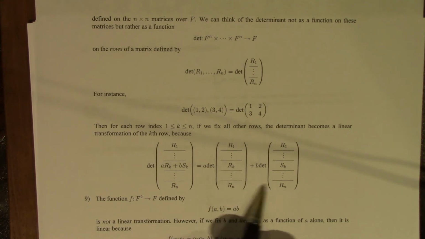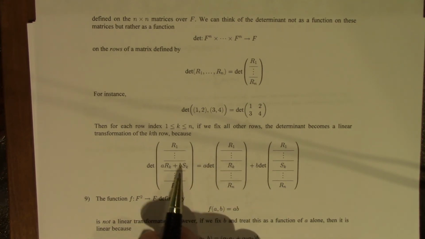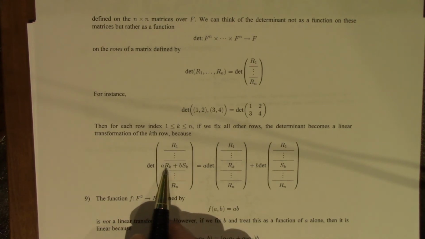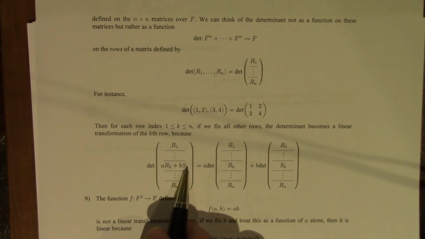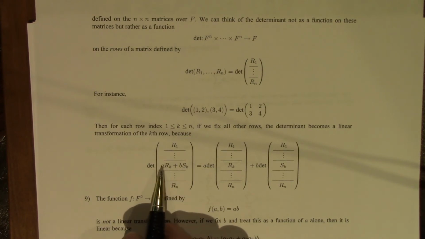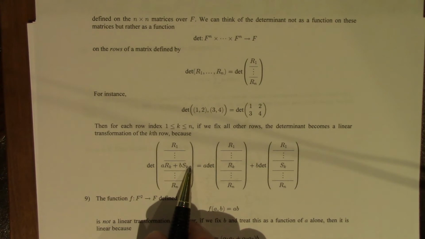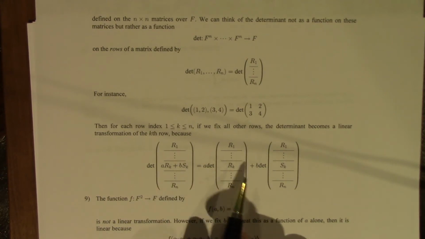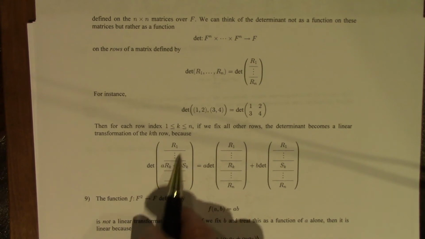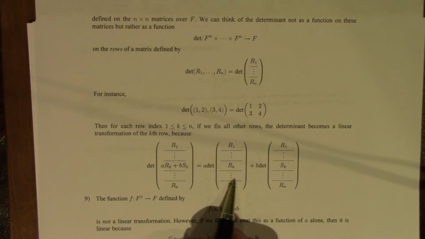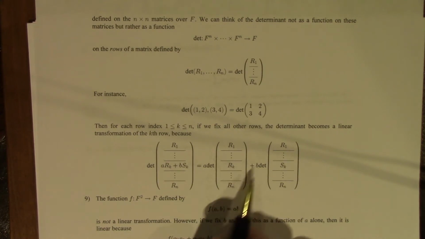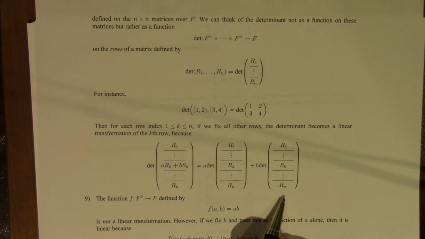One of the things you may have learned in elementary linear algebra is that if we take a matrix and we split, let's say we write the kth row as a linear combination of two vectors, then the determinant of this matrix is equal to A times the determinant of this matrix plus B times the determinant of this matrix.